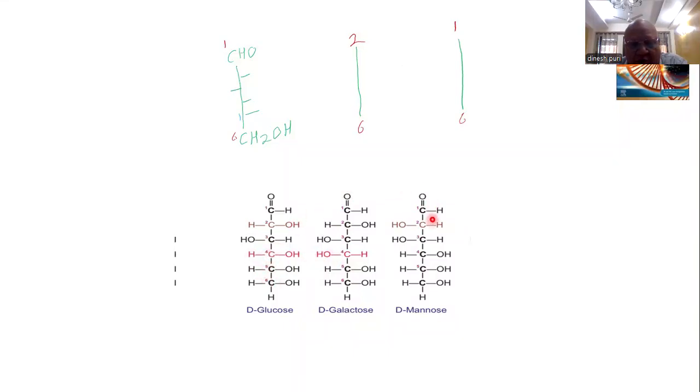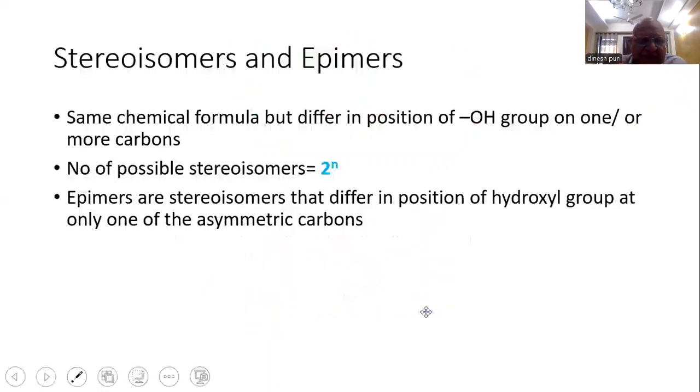Glucose and mannose: everything is the same, but at the second carbon, the position of the hydroxyl has changed. So this is glucose. You can draw it yourself. In galactose, at the fourth carbon, the hydroxyl is at a different position. In mannose, at the second position, it is at a different position. So these three are stereoisomers of each other.